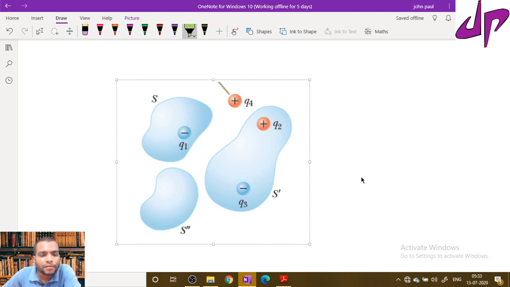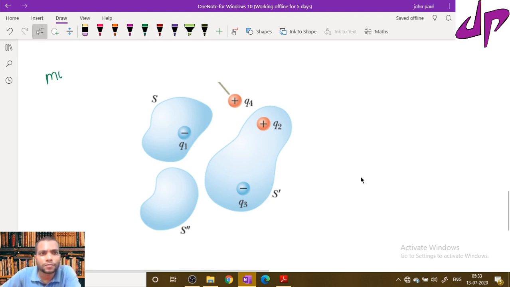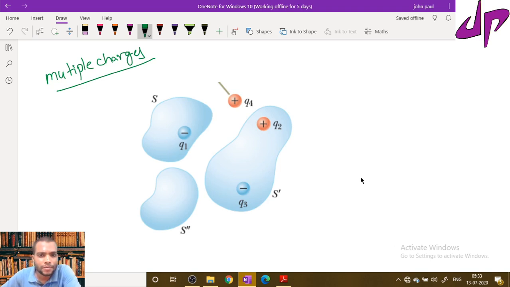Now let's apply Gauss's law to multiple charges. How does it work? Suppose I have multiple charges here, and different Gaussian surfaces.